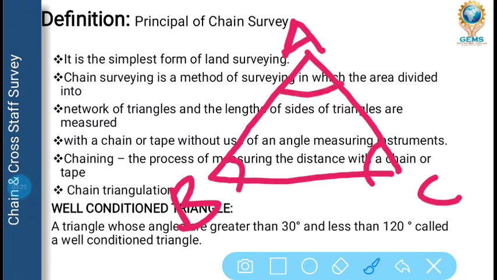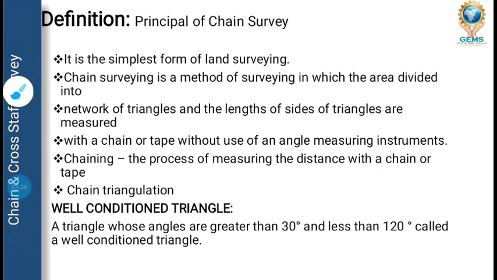A triangle whose angle is greater than 30 degrees and less than 120 degrees is called a well conditioned triangle. So what the principle says here, the principle says that the given area or the plot is divided into number of triangles and it is measured where the error is very less.